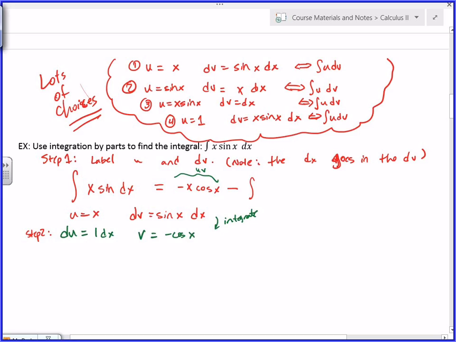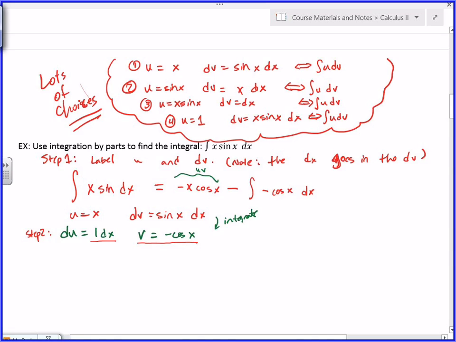V is here, so negative cosine of x. Du is right there, it's just dx. You with me so far? Okay. I chose my u, I chose my dv, I then found du and v. Now I use the formula uv minus integral v du.